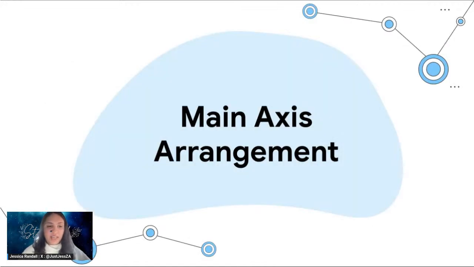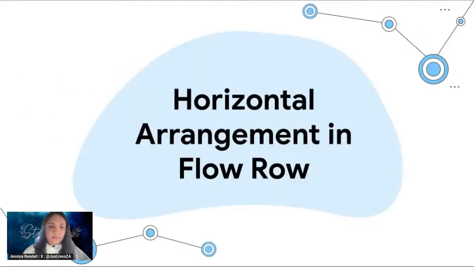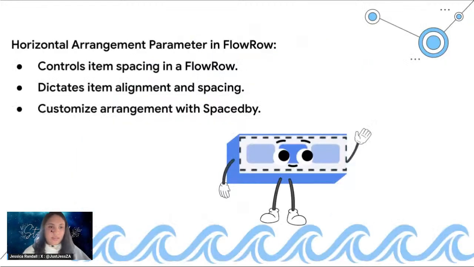So now we're going to look at some main axis arrangements for flow row and flow column. We're going to look at the horizontal arrangement in flow row. Horizontal arrangement kind of describes it, but basically it controls the spacing of items in flow row, and it dictates the alignment and spacing of those items.